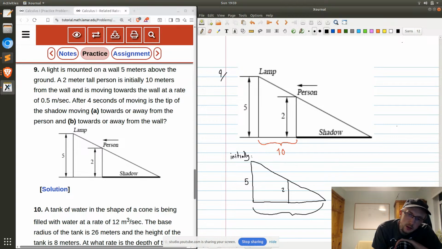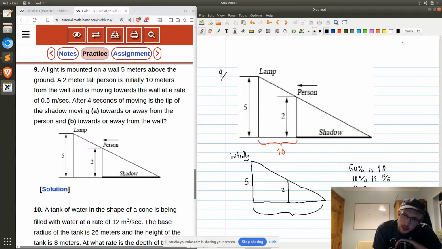40% of the height, 40% of the length. And so 60% is 10. And if 60% of something is 10, that means 10% is 10 over 6.